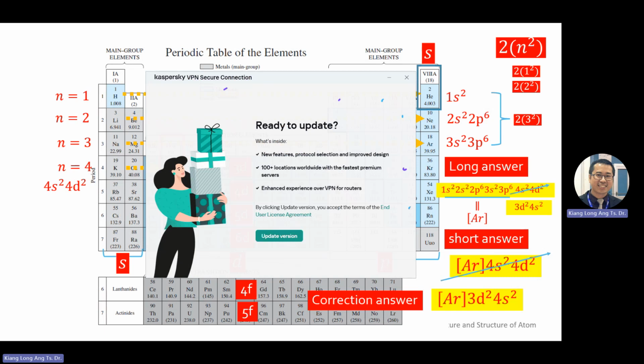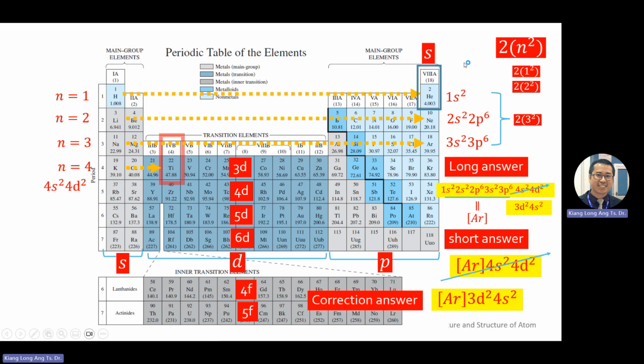This fits under here. 6, 7 is the orbital number, which is the same, fit inside here.